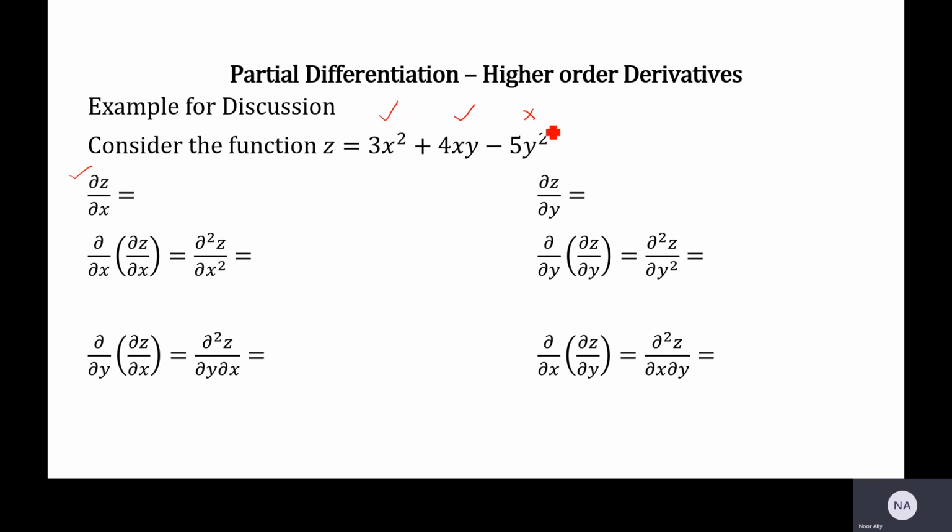So when I differentiate 5y squared, I will get 0 because there is no x in that term. So let's do that. Partial dz dx. The first term, the derivative of 3x squared with respect to x, is 6x.